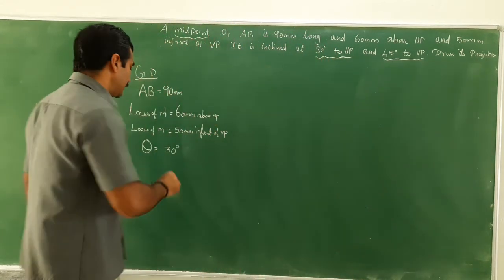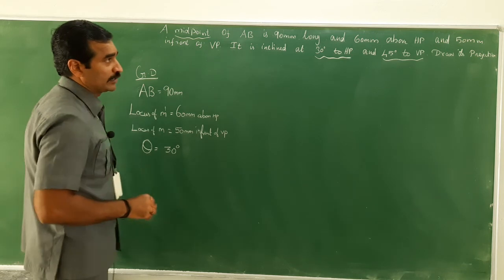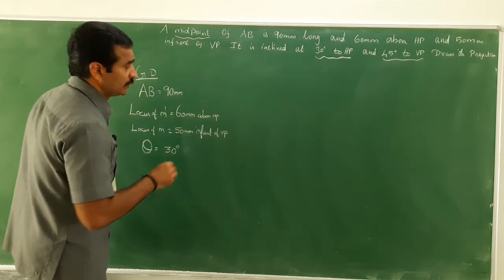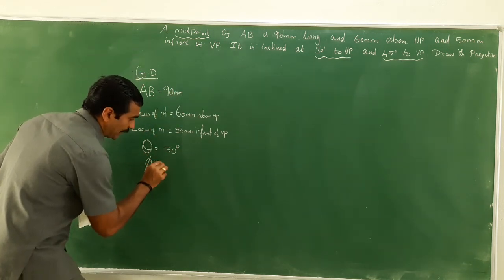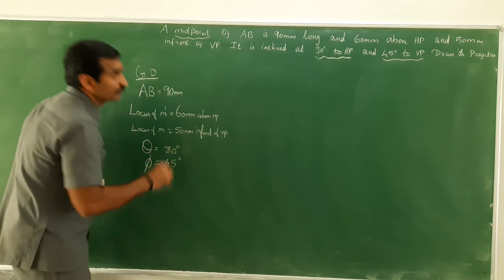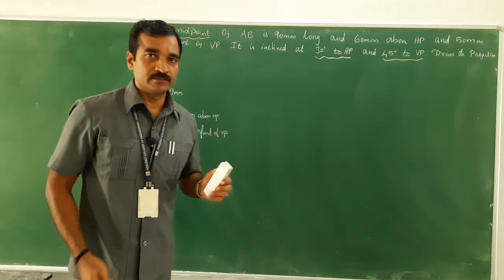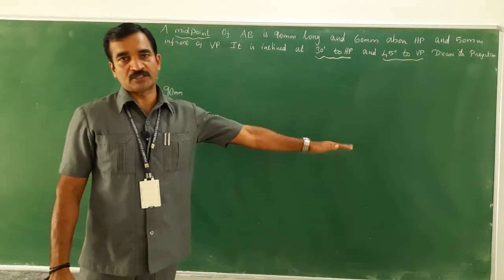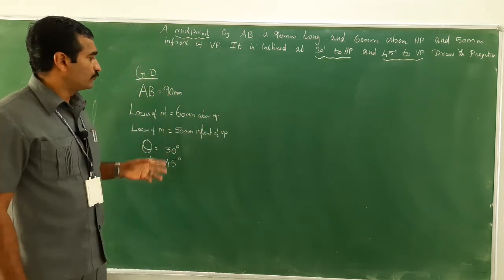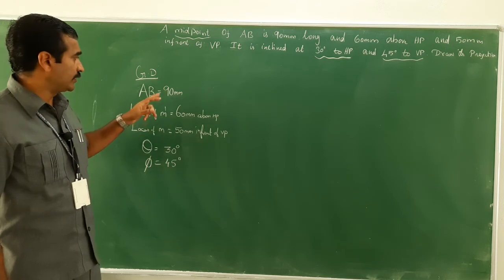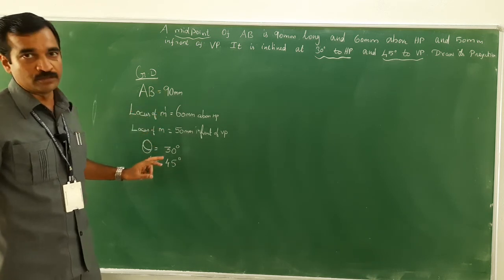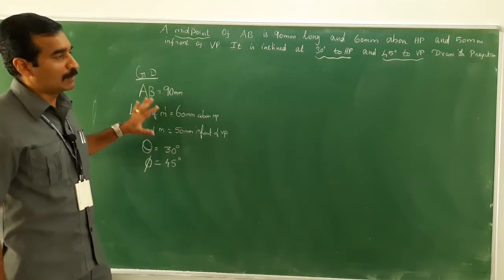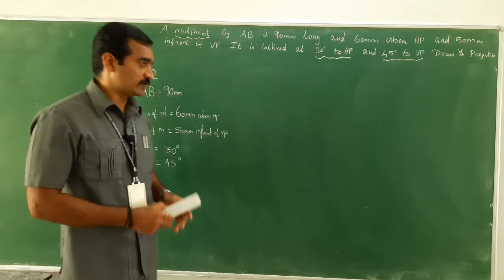So the notation for inclination, that is the true inclination with VP, can be represented by phi, 45 degree. Draw its projection, right? Before you proceed with the projections, check whether you have 5 data or not. Look at here, 1, 2, 3, 4, 5. So I will be in a position to complete the projection successfully.